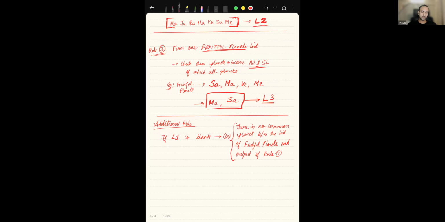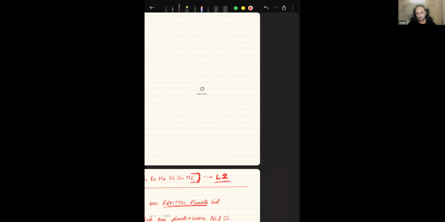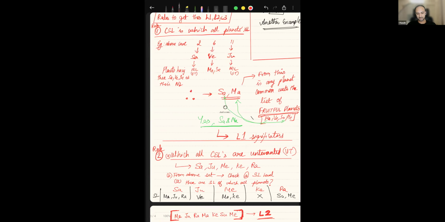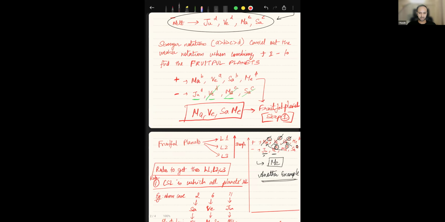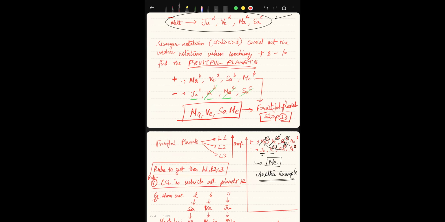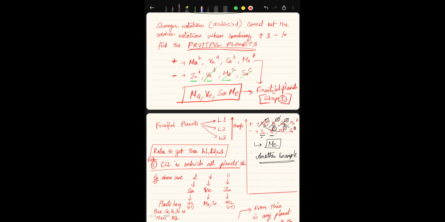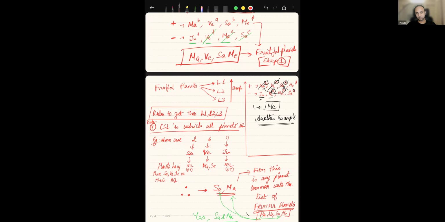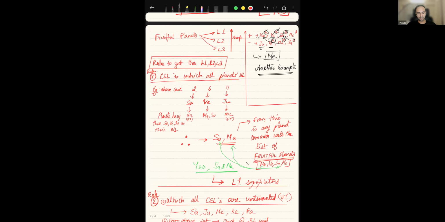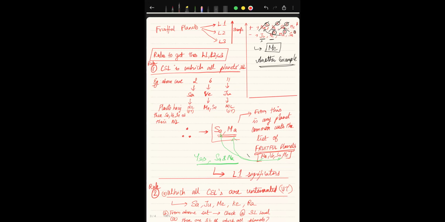If there's no common planet, that's basically what I'm trying to say: this is our fruitful planets. Seeing this, Mars, Venus, Saturn, Mercury is our fruitful planets, right? And our rule 1 output is this one, Saturn and Mars.